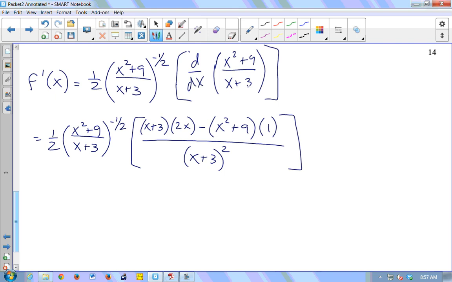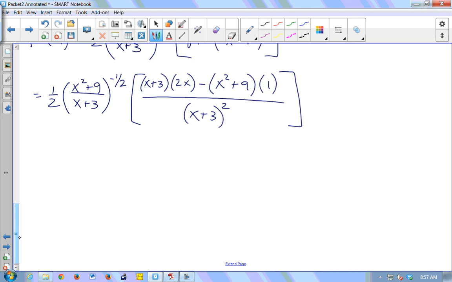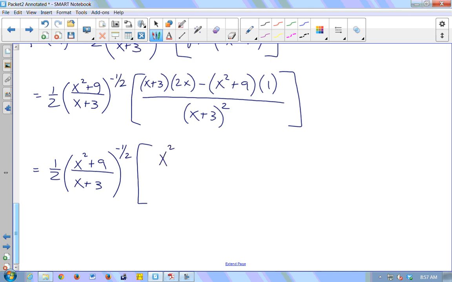And then what's in the big square brackets there, the quotient rule, I'm going to simplify a little bit because it's easy, but then I'll stop. Okay, so this is going to be 2x squared minus an x squared, so I'm going to get an x squared. Then I have a 6x here, no x's over here, so I have a plus 6x.